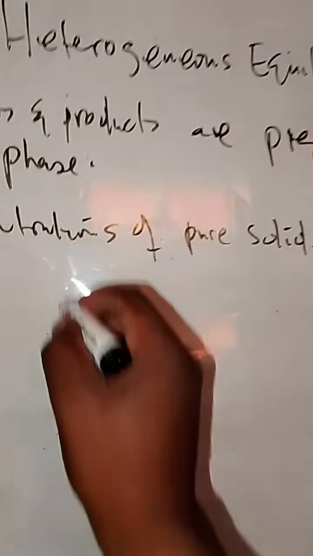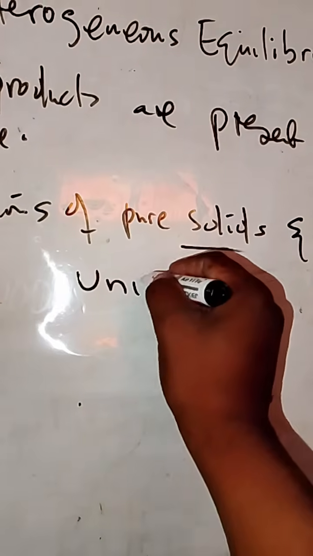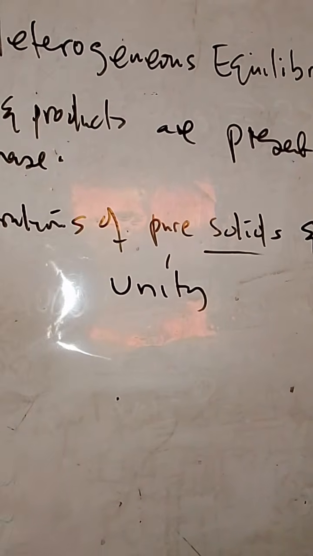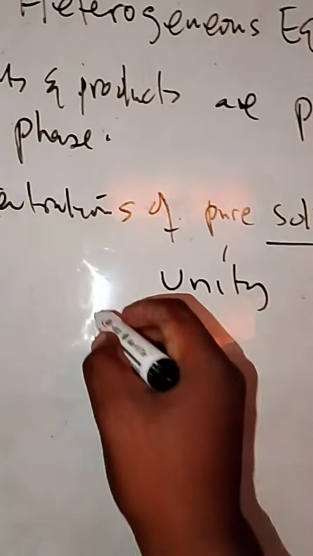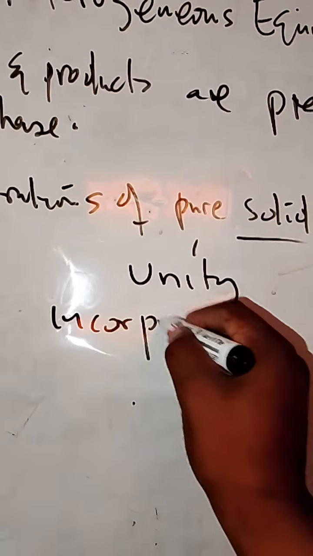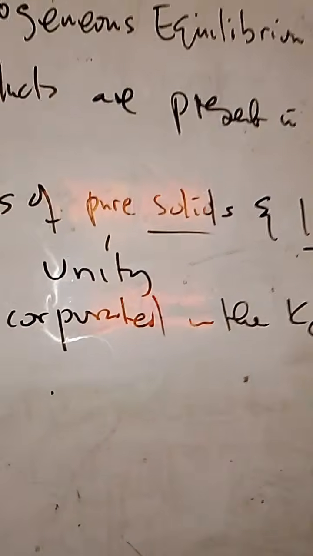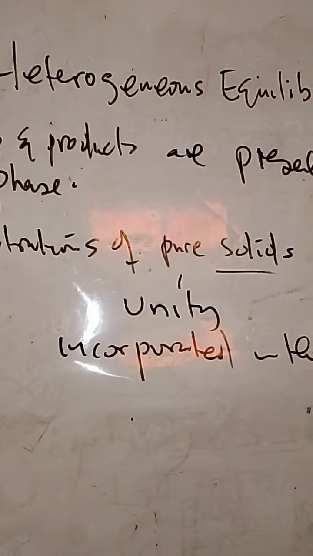So in this case we take the concentrations of pure solids and liquids as unity, meaning that they are not supposed to be incorporated in the Kc value, since their concentration is fixed.